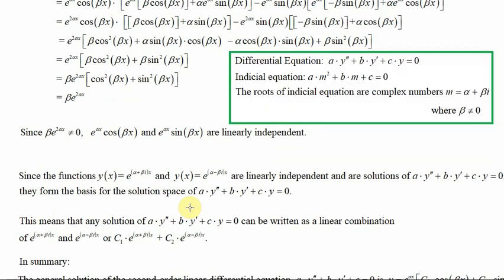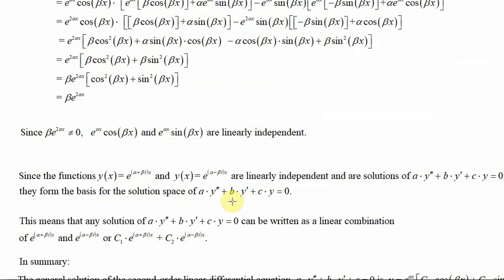And therefore, we've just shown that these two functions are solutions of this linear homogeneous differential equation, and they are linearly independent. Therefore, they form the basis for the solution space of this differential equation. And therefore, any solution of this differential equation can be written as a linear combination of these two functions.